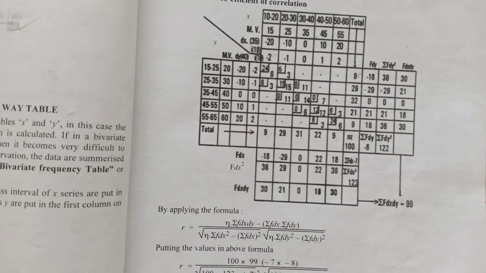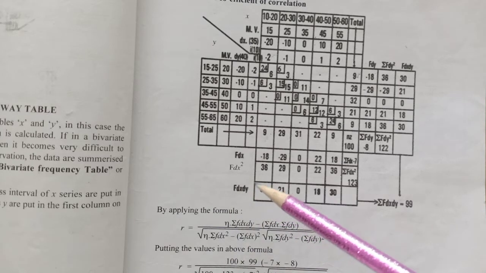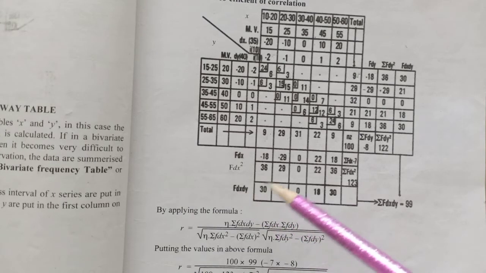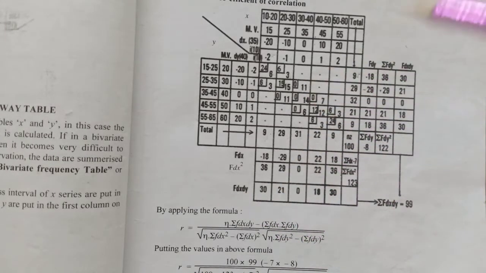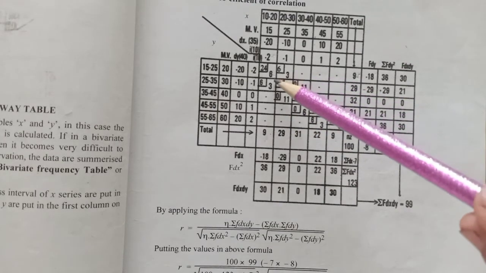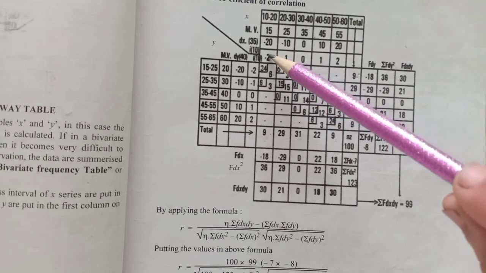Now you can see here the last column is f dx dy. Here and here also we have the same column. So what we do is, it is a multiplication of the frequency into dx into dy. So now we begin our work here. This is the first frequency. We will multiply this with dx.